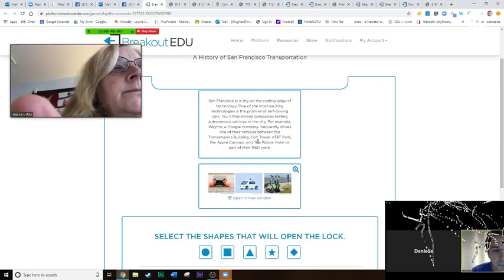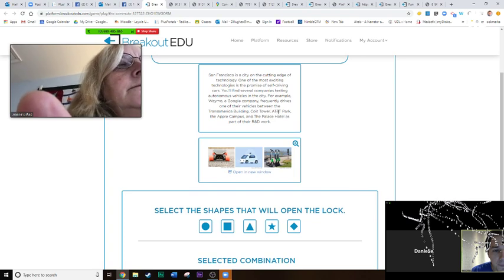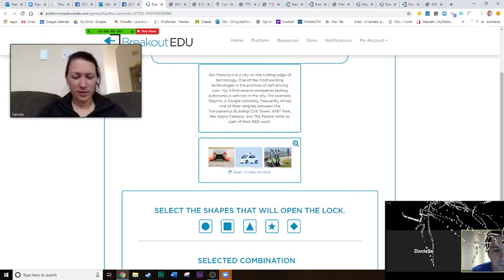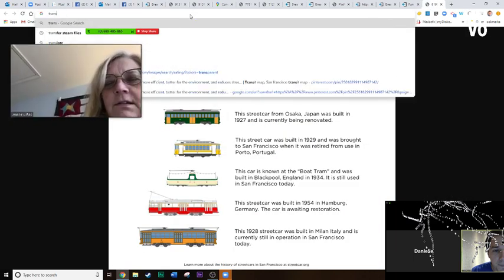That's a good idea. So we have Transamerica. How many shapes do we need? 5. We have Transamerica, Coit, AT&T, Apple. Yeah. Okay. So I guess the Transamerica. AT&T Park. Okay. I'll take Transamerica. I'm still figuring things out technologically.